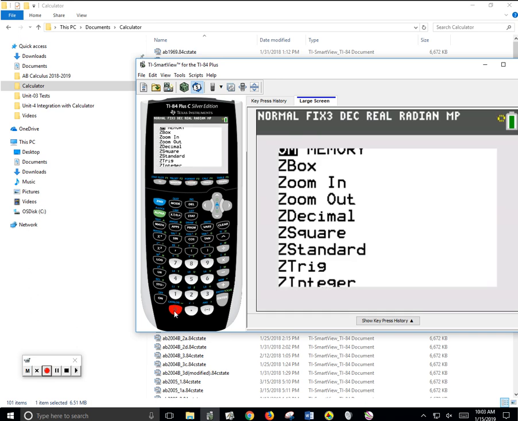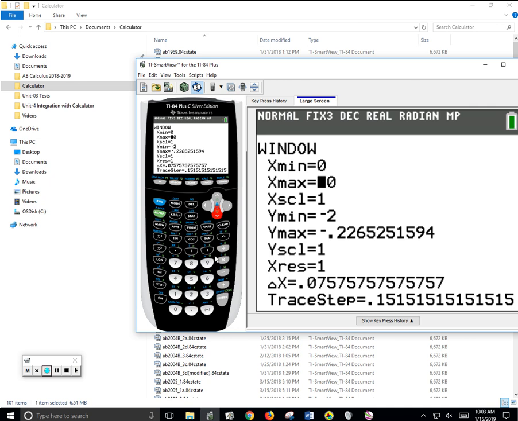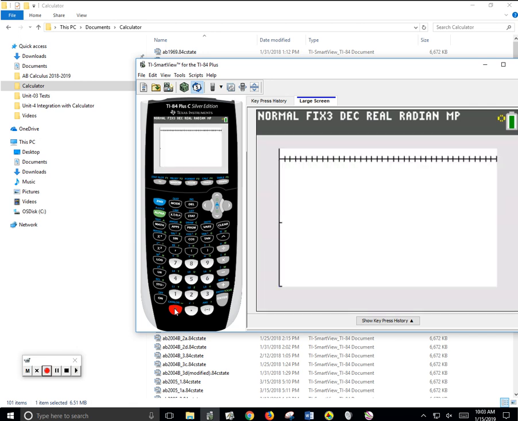Then zoom fit. Still not enough. Keep going. Showing the axis now. I should have paid attention to that earlier. As soon as the axis appears, I know it's going to hit the axis. So there we go.